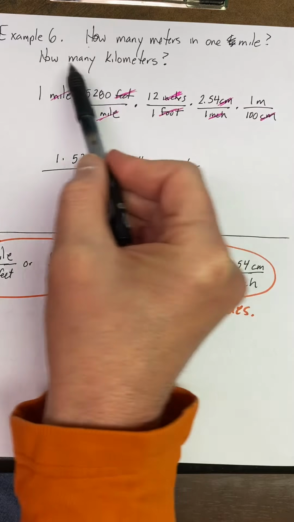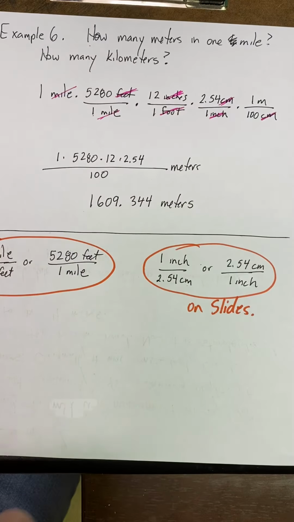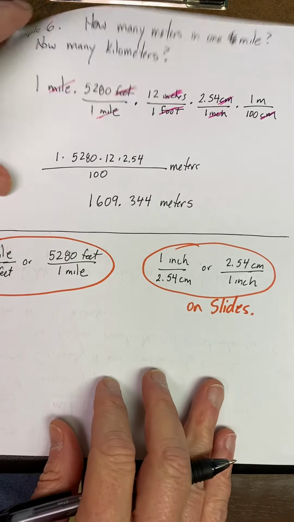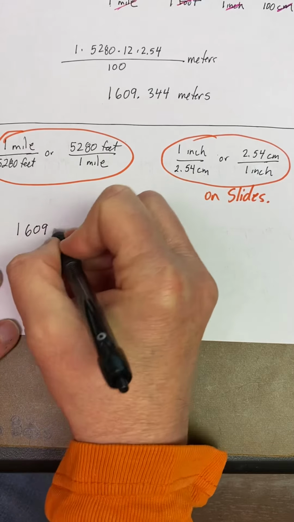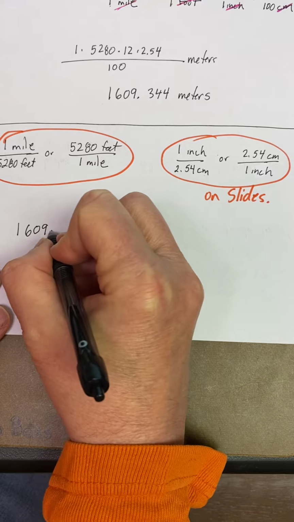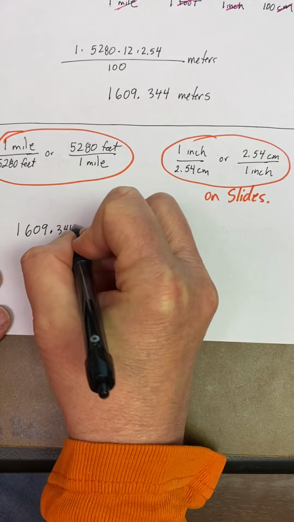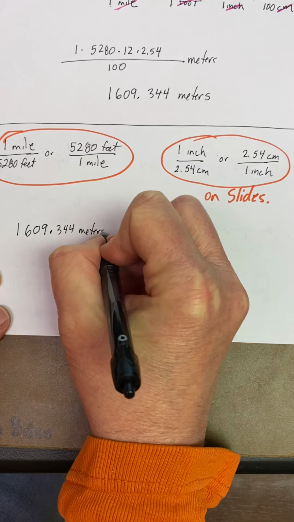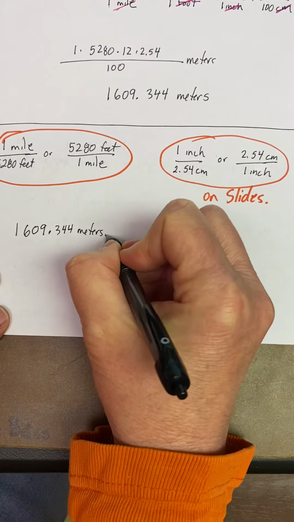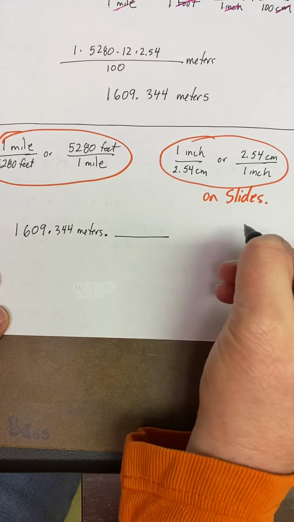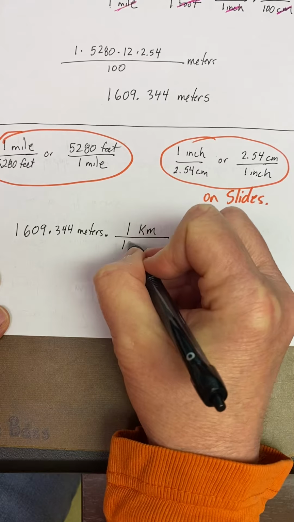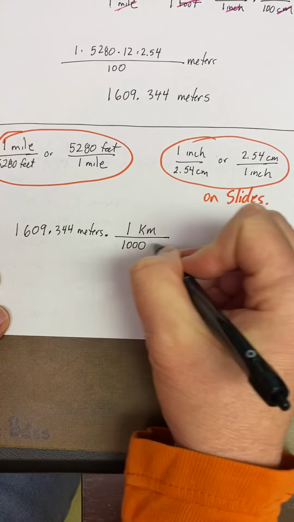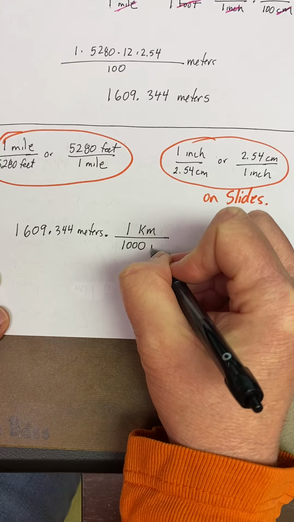Okay, so now the question is, how many kilometers are in 1 mile? So really all I need to do now is change 1,609.344 meters, I've already got that number, to kilometers, and here's how I'll do that. 1 kilometer, the prefix K, kilo, means 1,000 meters.